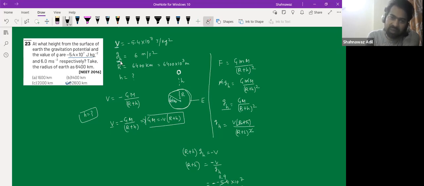Using these two things, we calculated this height. First, we write what is potential, then we write what is gh, and then we put the value of this potential in here, and yes, this will be minus.